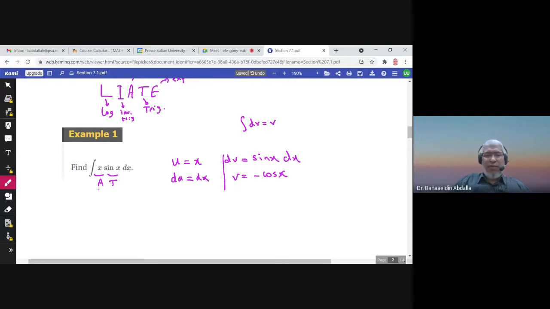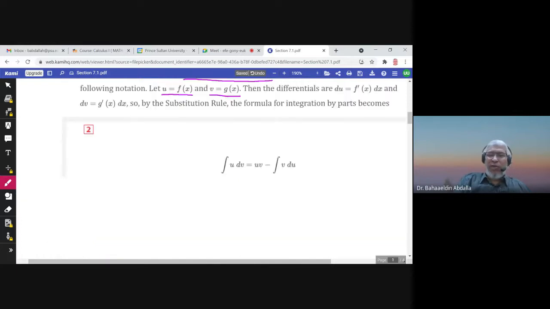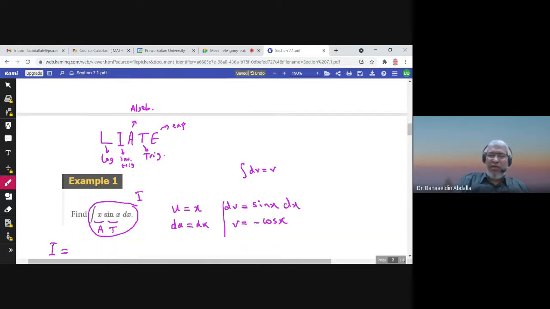So now this integral, which I'm going to call I, would be equal, according to the formula, to uv minus the integral of v du.